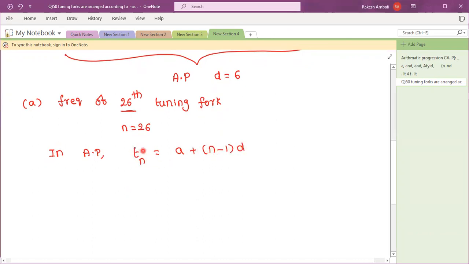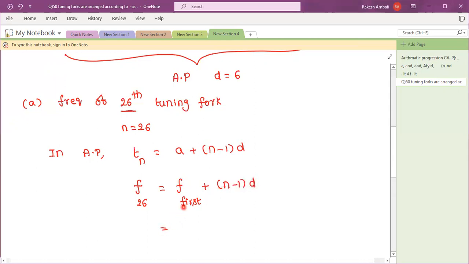Here a means the first term, that is the frequency of the first tuning fork, plus n minus 1 into d.